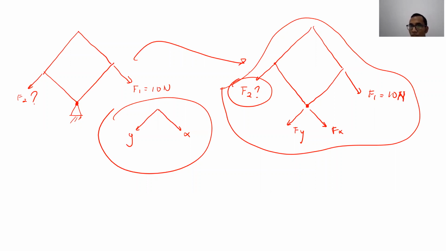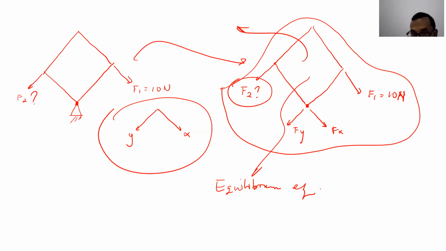So in order for this particular body to be still in the static condition, we have to check it with the equilibrium equations, to see whether the equilibrium condition is fulfilled or not.